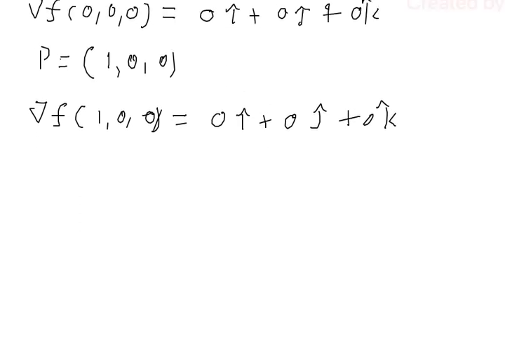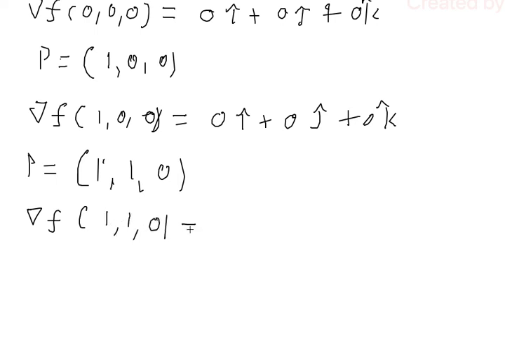One more thing, let us take another point P, let us say (1, 1, 0). That means you have to put x equal to 1, y equal to 1 and z equal to 0. So the gradient f at this point equals, here you need to put x equal to 1, y equal to 1 and z equal to 0.